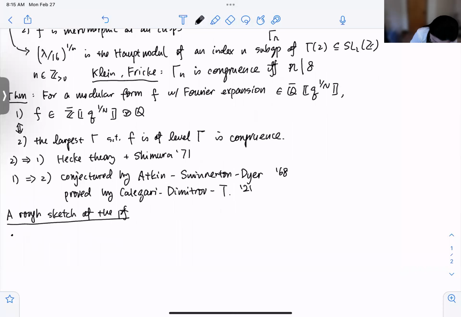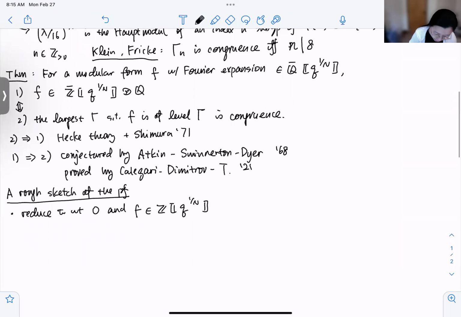So first, it's a classical reduction step that we can reduce to weight 0. It depends on your preference. You may further reduce to Z-coefficient modular forms or work with a more general arithmetic holonomicity theorem. That's basically a choice. And then the next thing is that we have two sets.